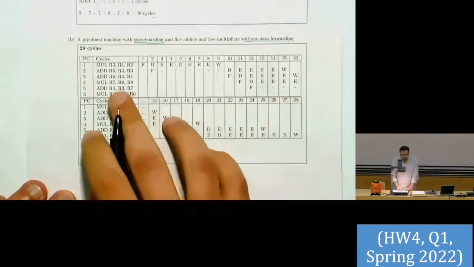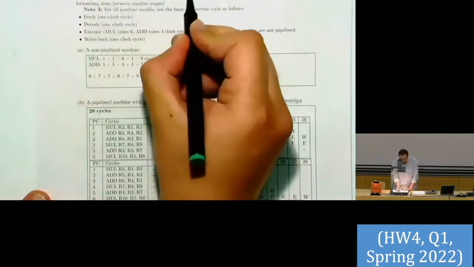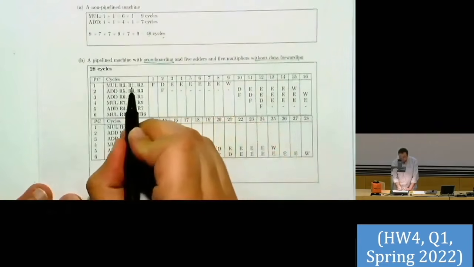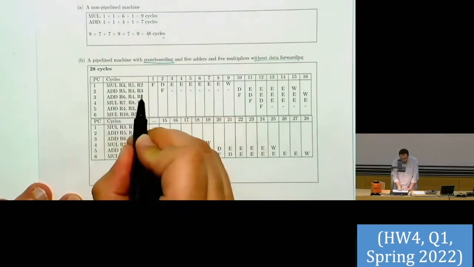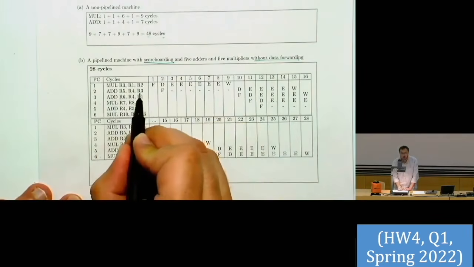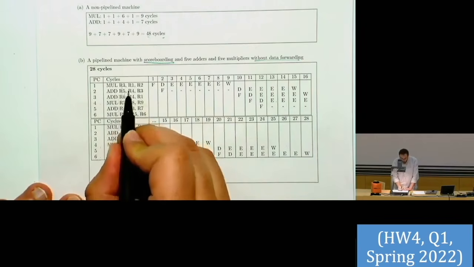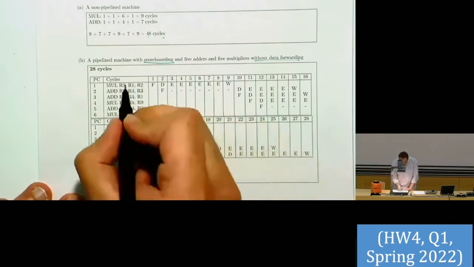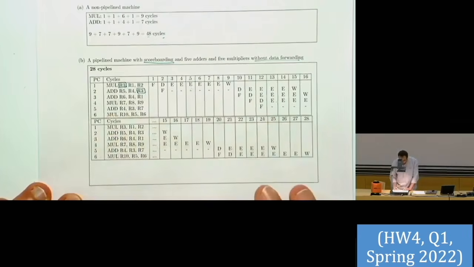If you look at these registers, as noted in note 1, each instruction is specified with the destination register first. This line means you multiply R1 and R2 and write the result to R3, right? In the second instruction, you need the value of R3. So the second instruction has to wait for the first instruction to complete and write back the result to the register file. I can mark this data dependency here.